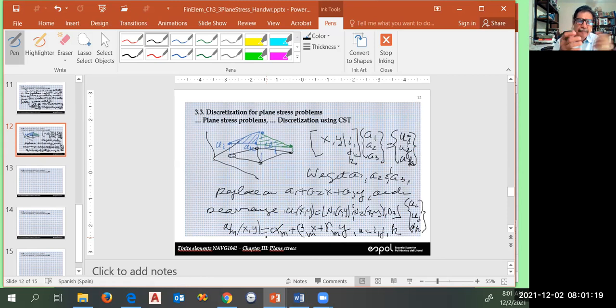We are ready to apply the minimum potential energy theorem. So what we have to integrate is the product of sigma x times epsilon x plus sigma y times epsilon y plus tau xy times gamma xy. And we integrate it in the element. And from there, we can identify what we call the stiffness matrix of this element.